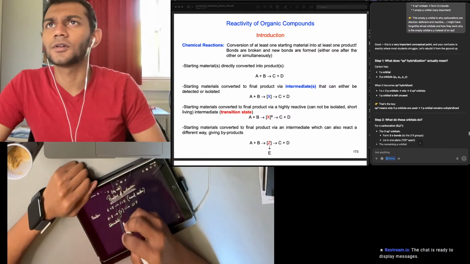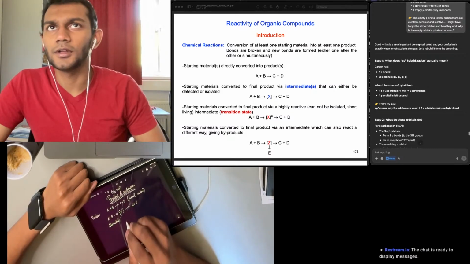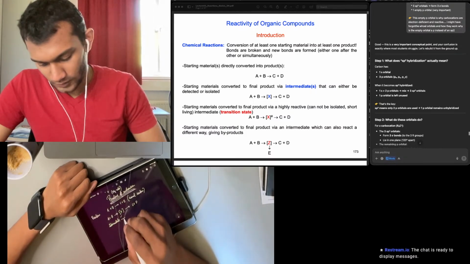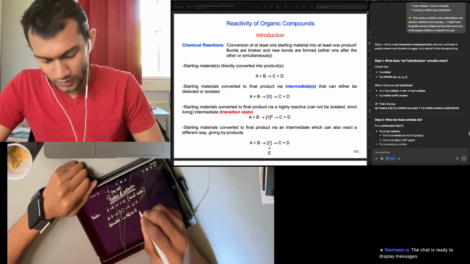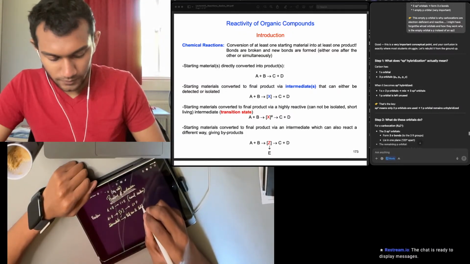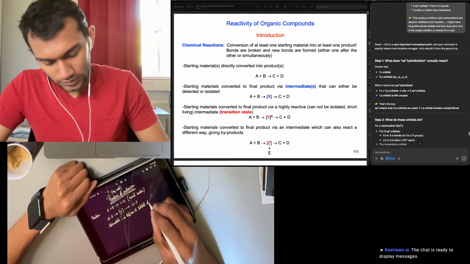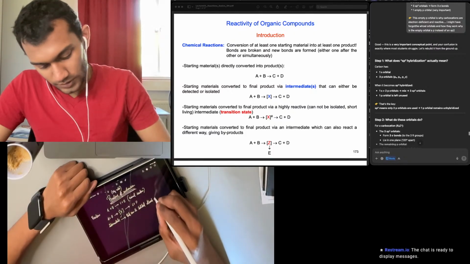Intermediate product, or an intermediate that can be isolated, or at least detected.